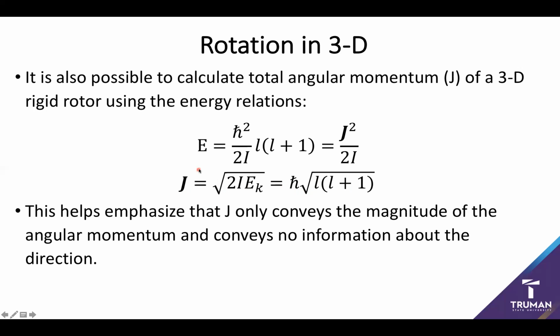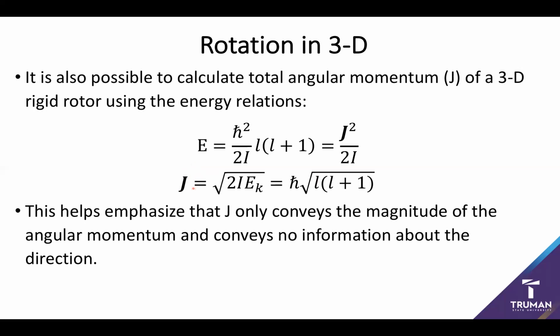It conveys no information about direction. So I don't know whether I'm going forwards, backwards, up, down, side to side. I know nothing. However, I do have a general feel as to how fast my total angular momentum, which means I do actually have some information about total speed.